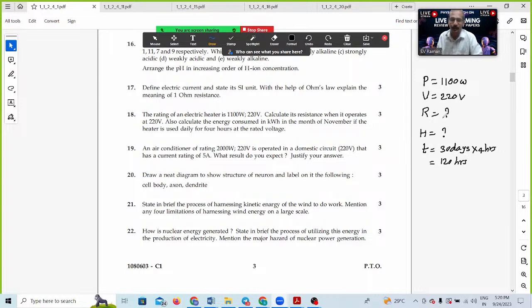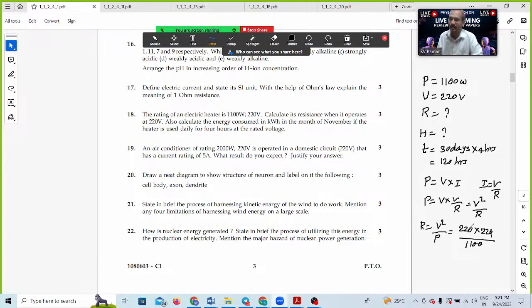Now first, resistance we have to calculate. As you know that P is equal to V into I. So according to Ohm's law, I is equal to V by R. So once you substitute over here, P is equal to V into V by R, which is V square by R. Power P is equal to V square by R. R is equal to V square by P. So V square value how much? 220 into 220 by power value 1100 watts.